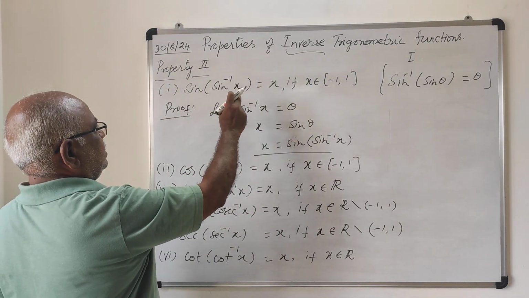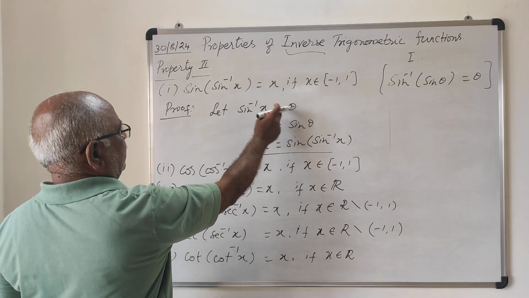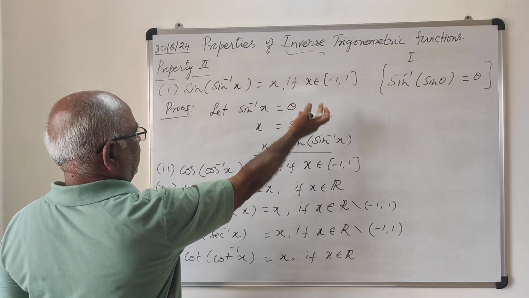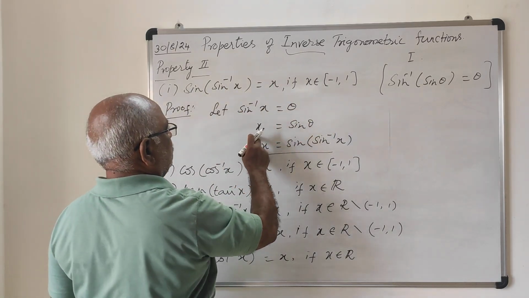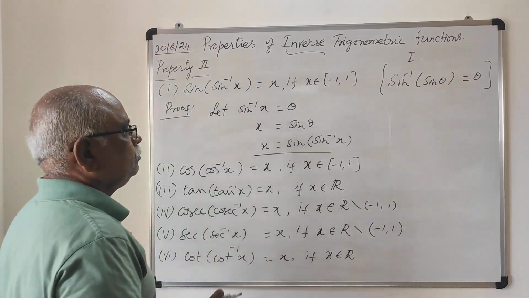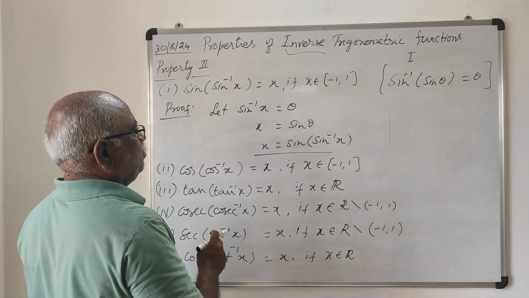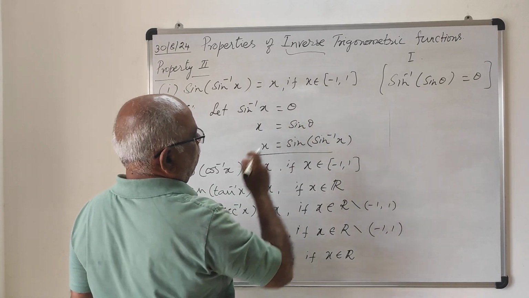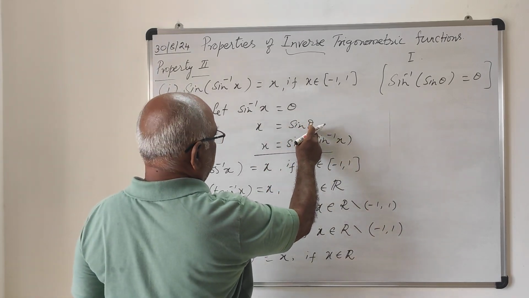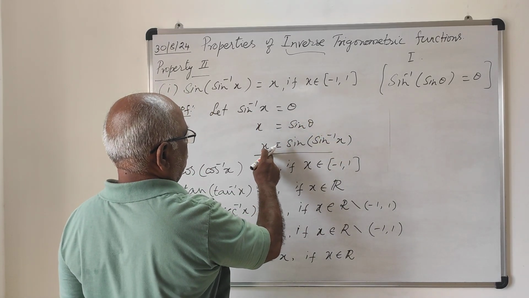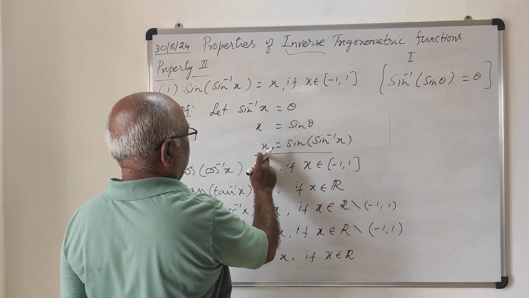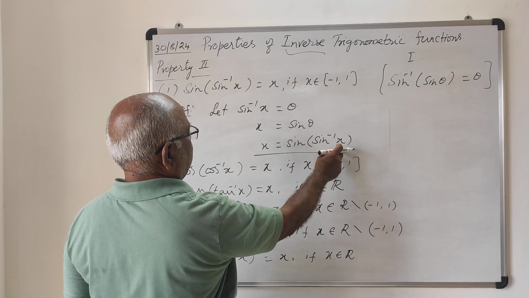Proof for this: consider sin inverse x equal to theta. Operating sin on both sides, x equal to sin theta. Sin inverse x equal to theta implies x is sin theta. Now replace theta by sin inverse x, so x equal to sin of sin inverse x.